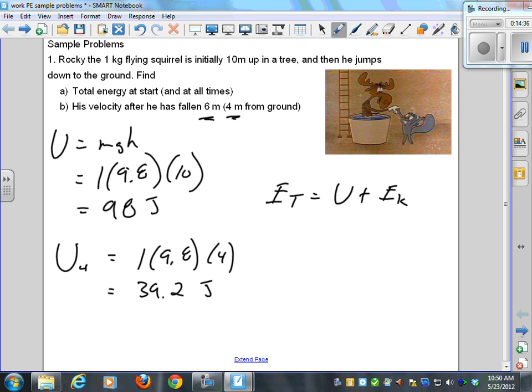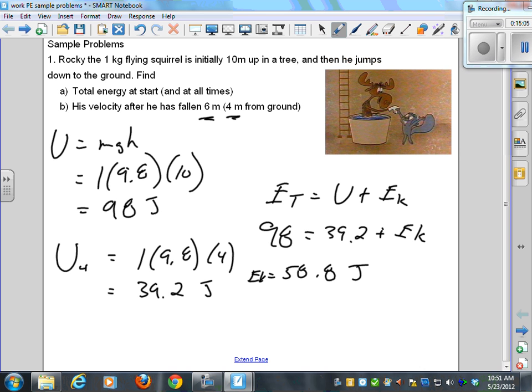The total energy was the 98. The potential energy is 39.2. Find how much kinetic energy he has at that height. So 98 minus 39.2 is 58.8 joules of kinetic energy.